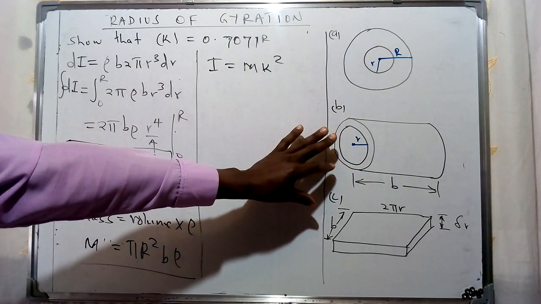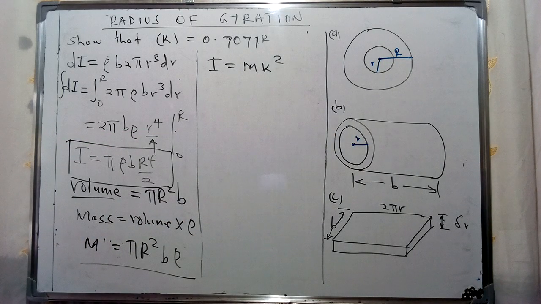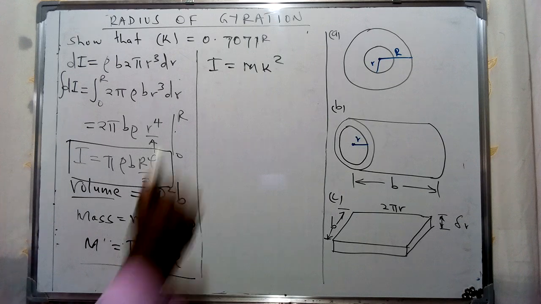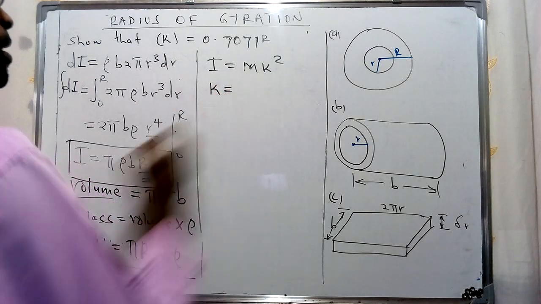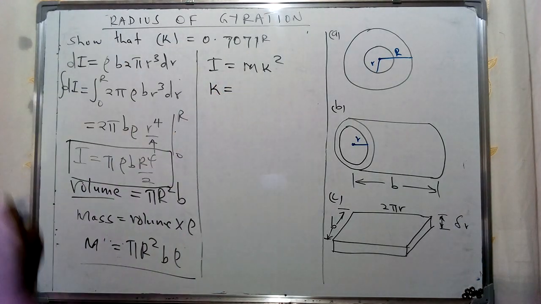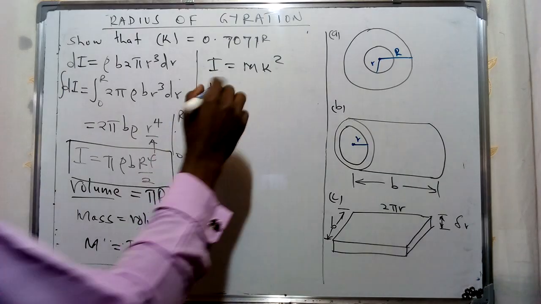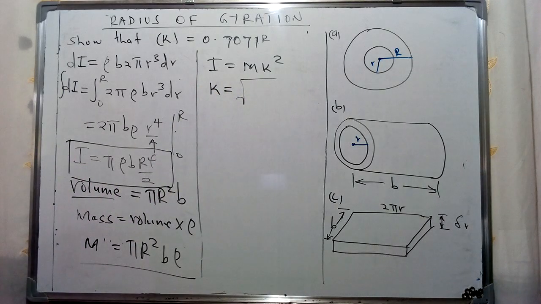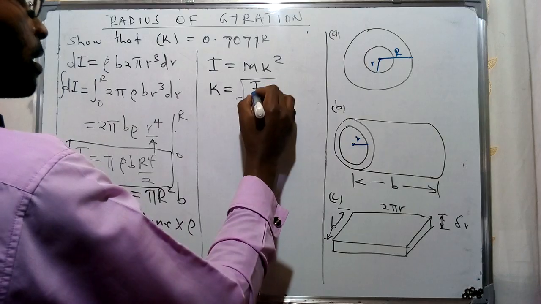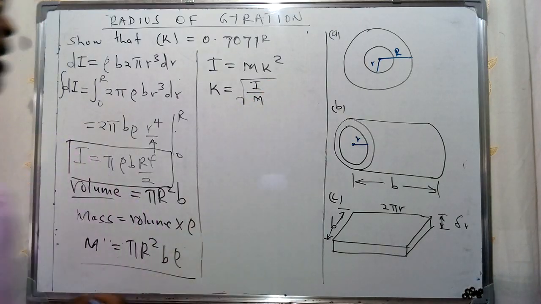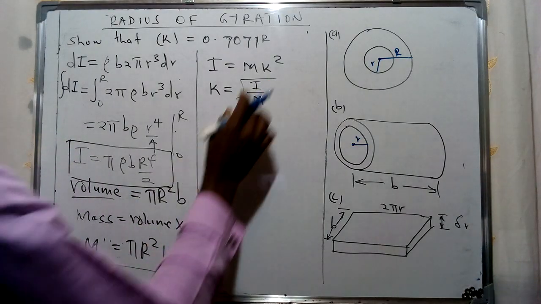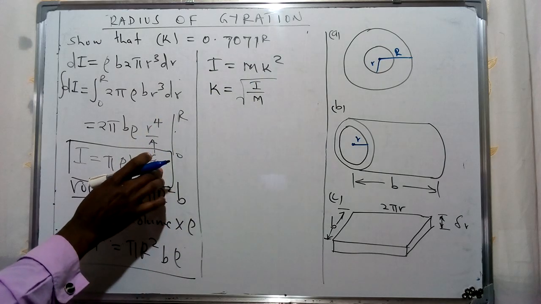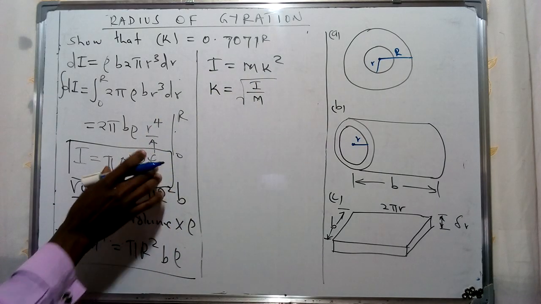So we can find the subject k, which is the radius of gyration, our subject of interest, which from this formula is given as the root of the moment of inertia over the mass. So in this case, we have evaluated the moment of inertia in this specific section.